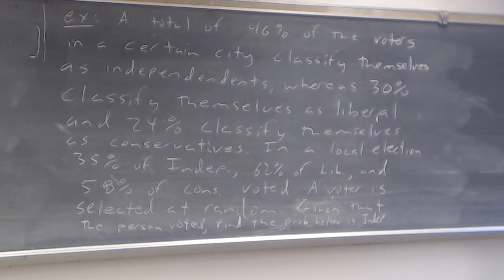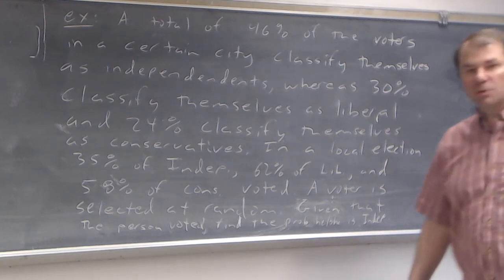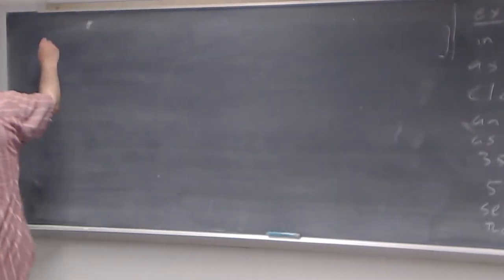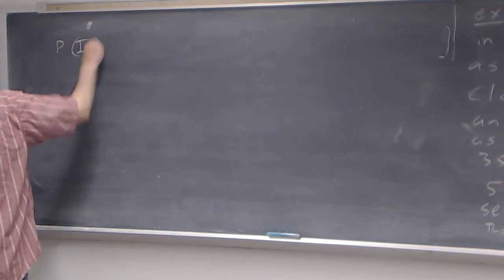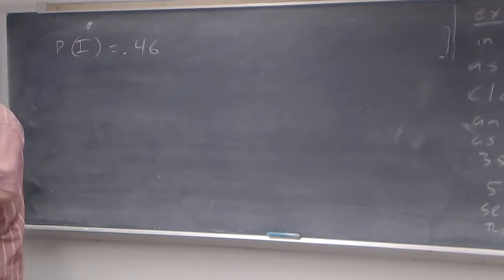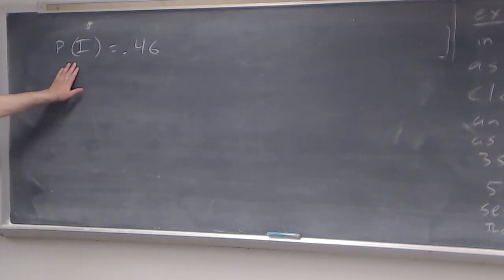So the probability of an independent is 0.46.